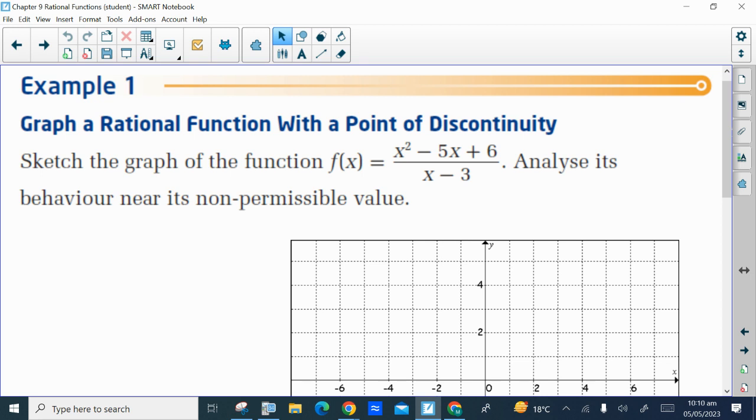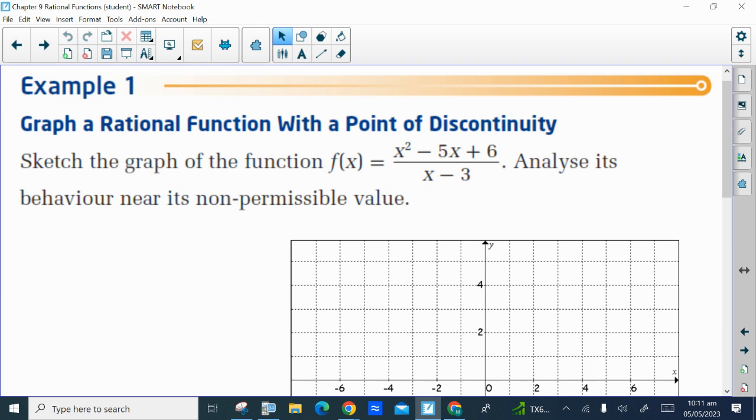Then we saw ones where the degree of the top and bottom were the same. And we saw that the horizontal asymptote could be found by dividing those initial terms, the terms that make up the degree. Now in this case, note that the degree of the top is one more than the bottom. Okay, so in this case here, we're going to see what happens when that occurs.